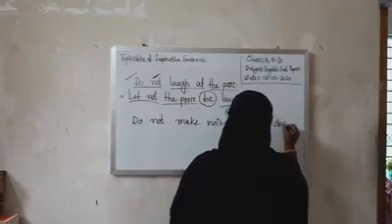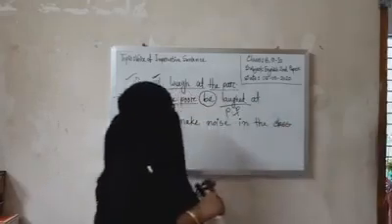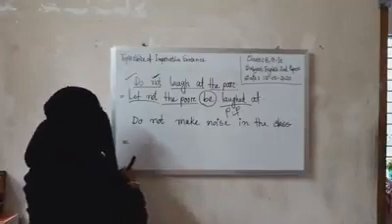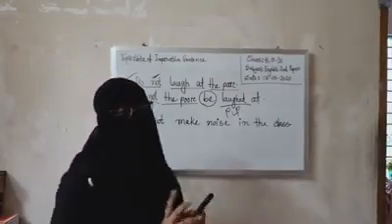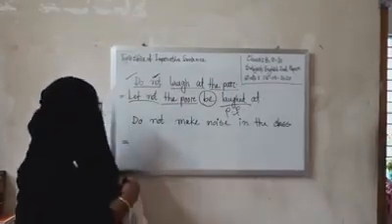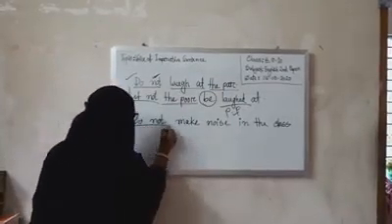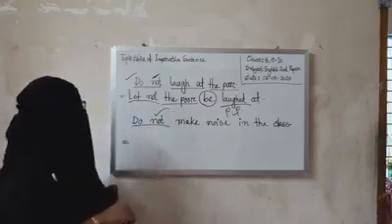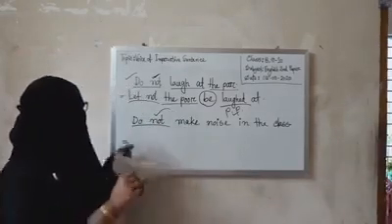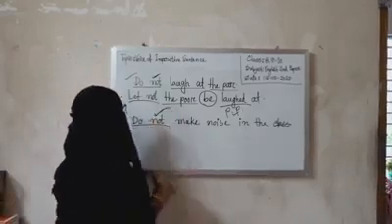Do not make noise in the class. Do not make noise in the class. So what should we do here? Firstly, we have to notice that it is a negative sentence.